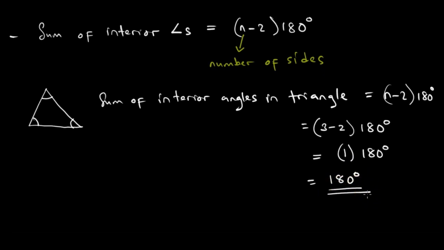So this is how I remembered this formula, n minus 2 times 180. I just imagined a triangle. What we have done here serves to prove to us that that is the formula which gives us the sum of interior angles. And I have to emphasize the importance of this part, interior angles.